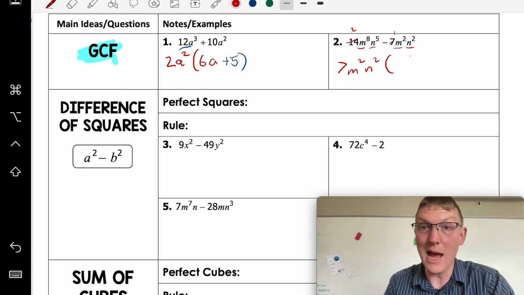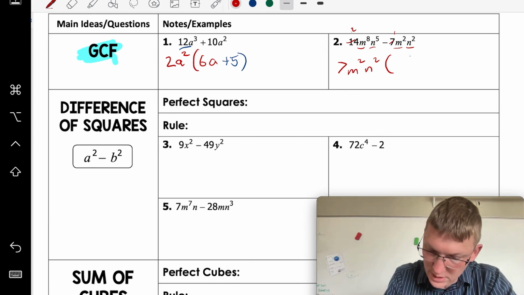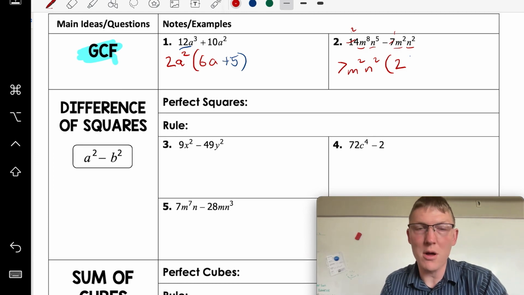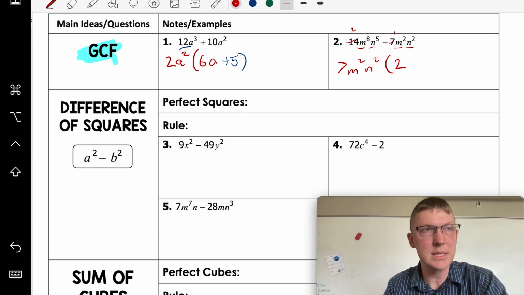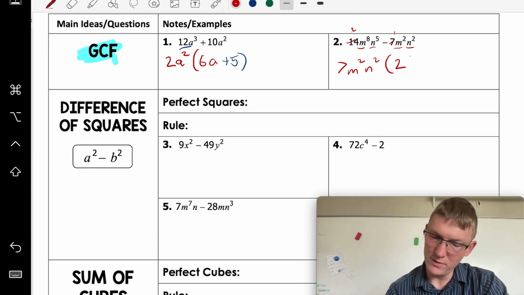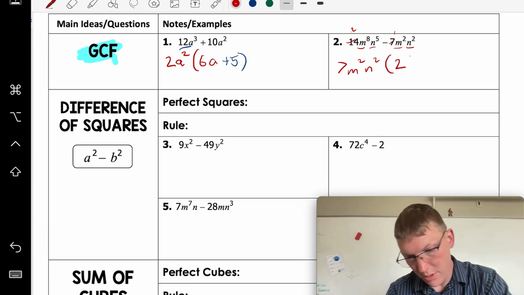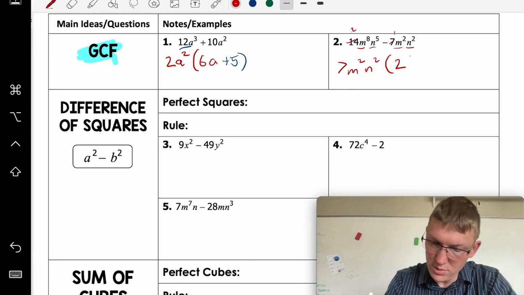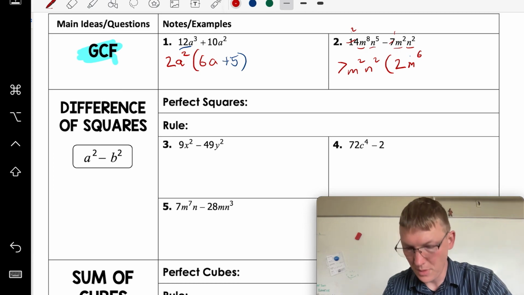So now we've got to figure out what we have left over. The 14 divided by 7 is 2. Remember from our quotient exponent rules, we take m to the 8th divided by m to the 2nd. It's just going to be 8 minus 2, so we're going to have m to the 6th.